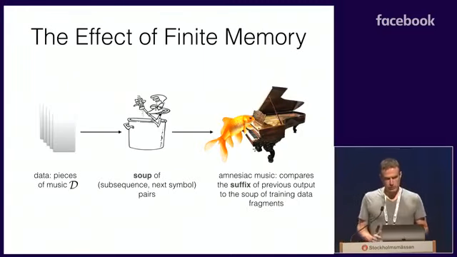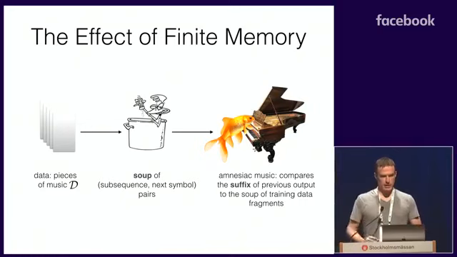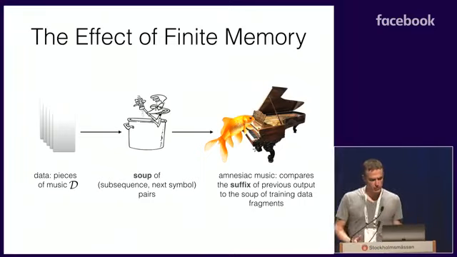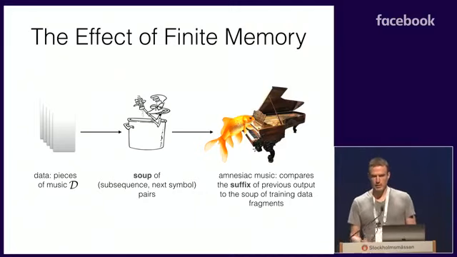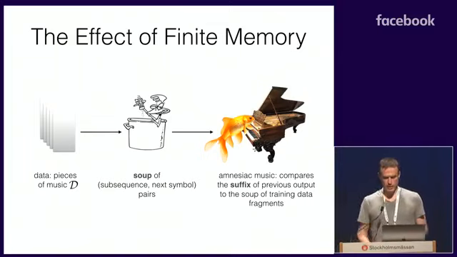So what effect does that have? Well, basically, if you take your training set, which is a collection of sequences of music, so each sequence is a human-composed piece of music. It's long and it has a lot of structure and repetition. Due to the finite memory of the RNN, effectively what you're doing is chopping that up and learning a mapping from a short subsequence to the subsequent symbol in the longer sequence.